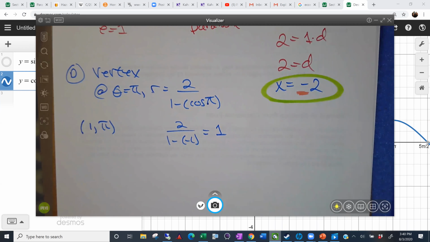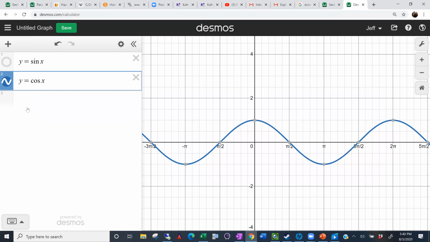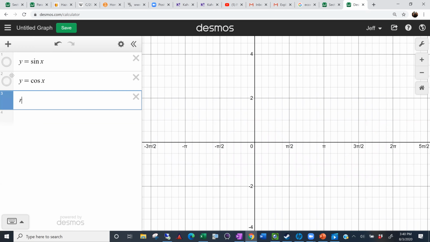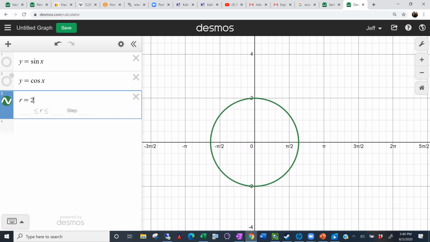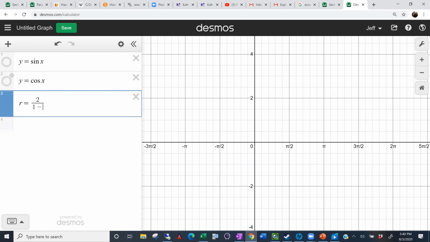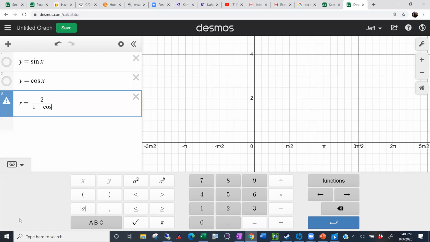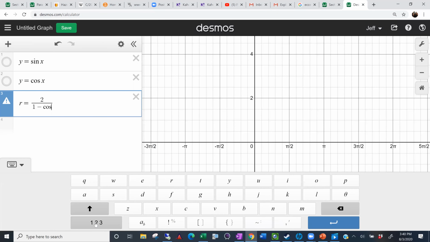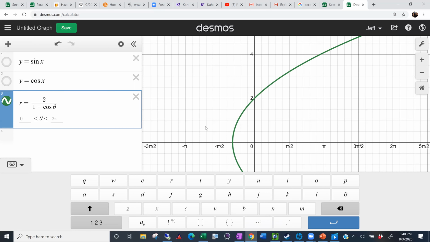Let's see that real quick. So we'll shut this one off. We'll do R equals 2 divided by 1 minus cosine of theta. You got to go fishing: if you hit the little keypad, and then A, B, and C, theta will be one of your choices.